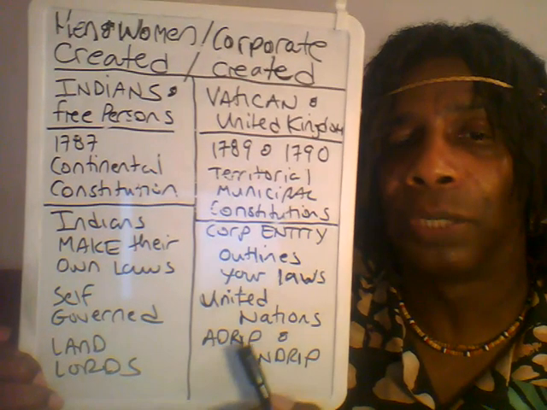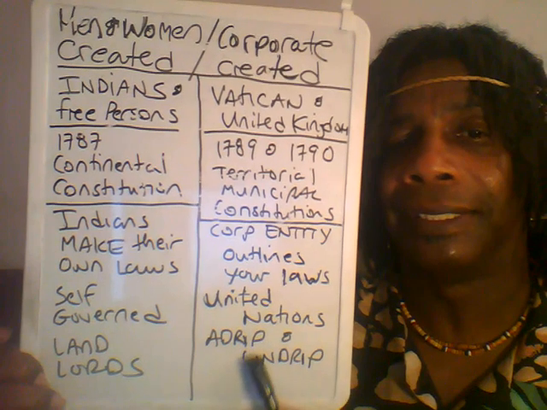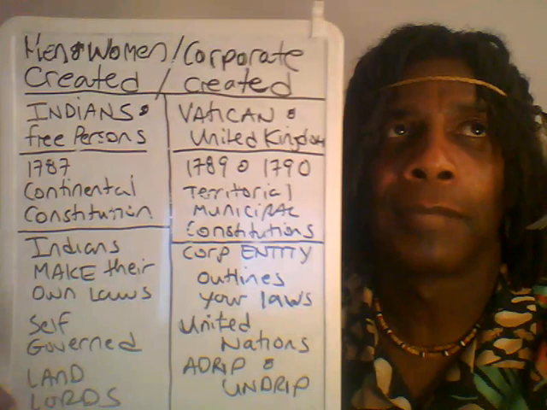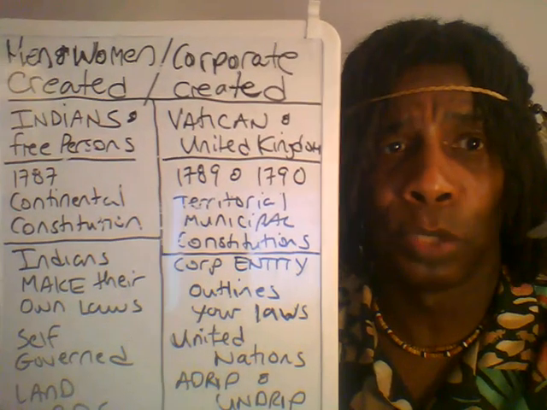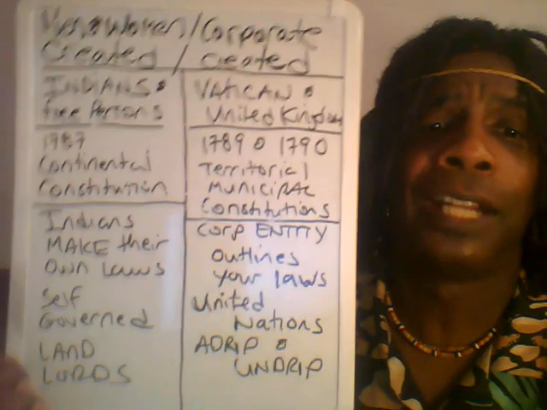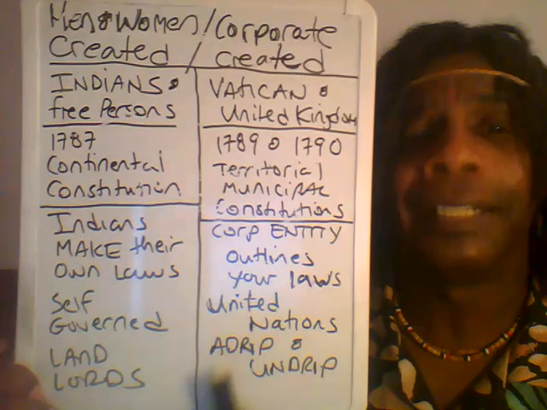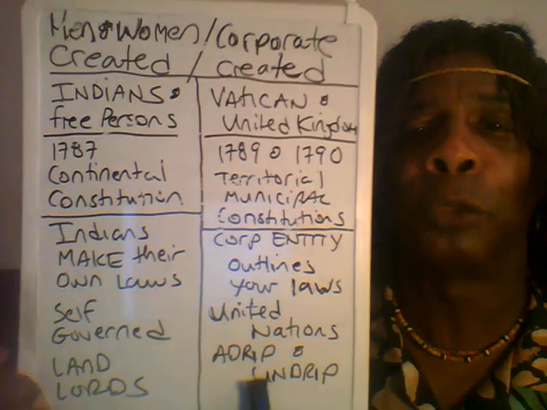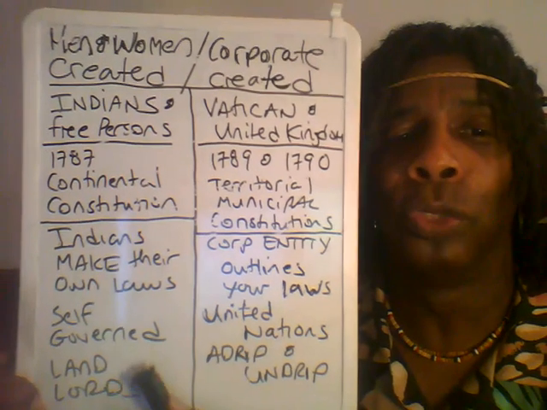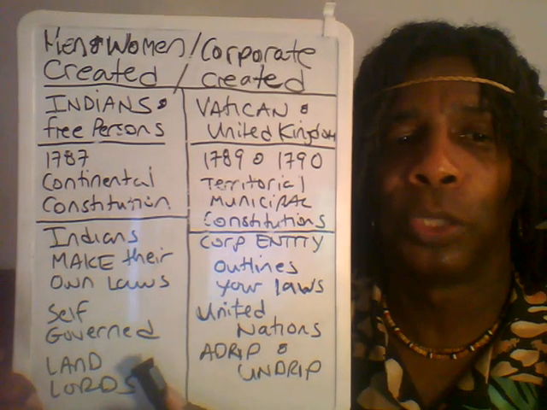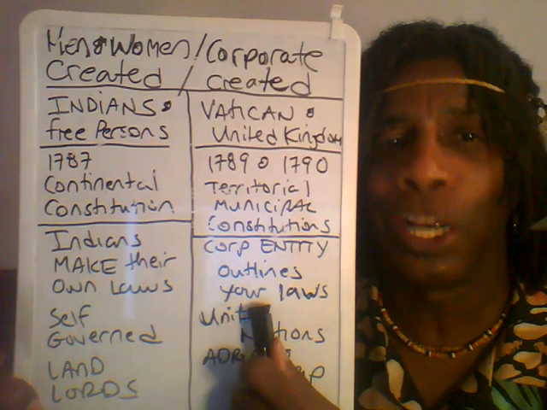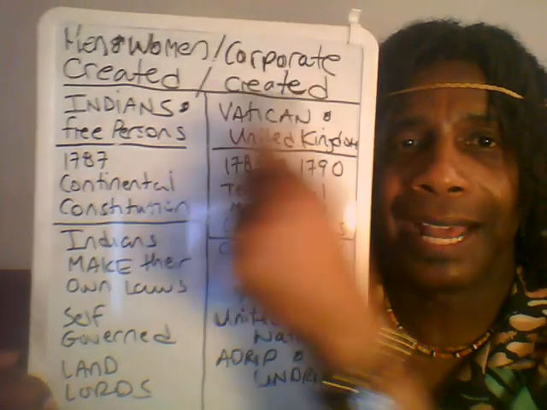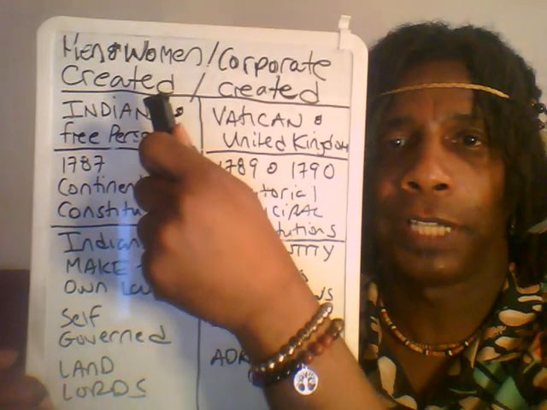So copper colors were not part of any of these, but they're hoping that if we do want to be Indians again, we get into ADRIP and UNDRIP, because again, those are laws that someone is making for you, not you making your own. So if you don't make it, they own it. It's corporate created, not men and women created.